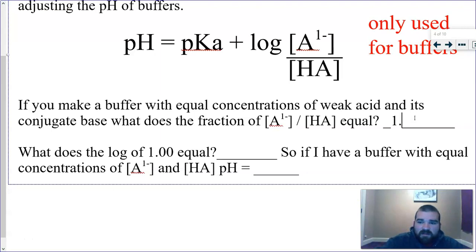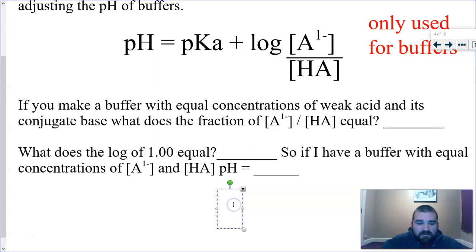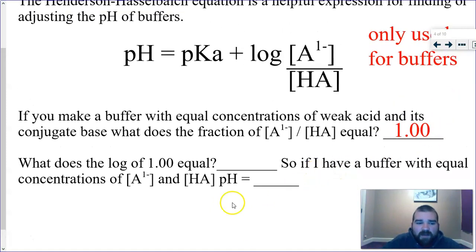And then my next question to you is, if this fraction equals 1 when these two concentrations are equal, what's the log of 1? You can punch that in your calculator, but spoiler alert, it's zero.